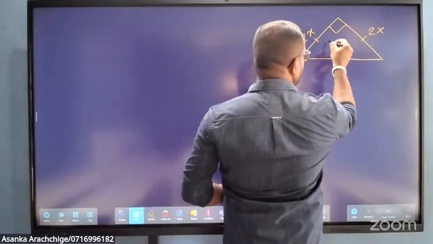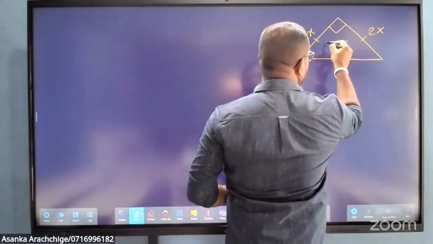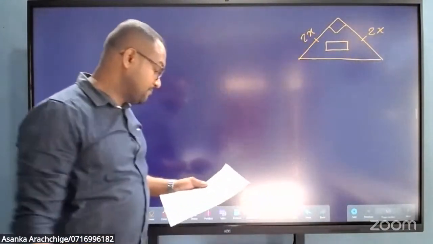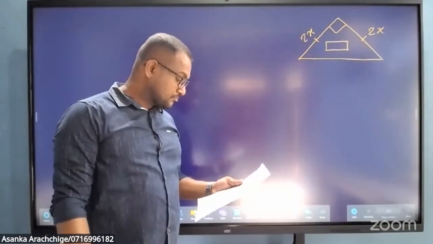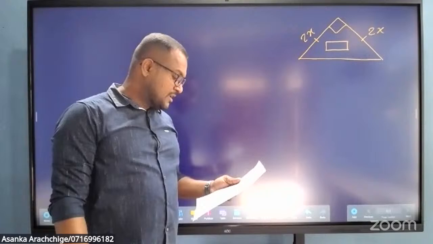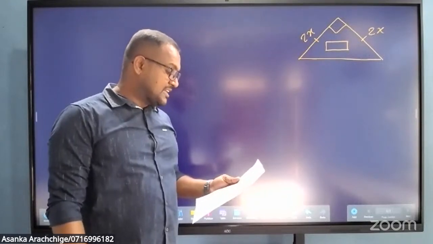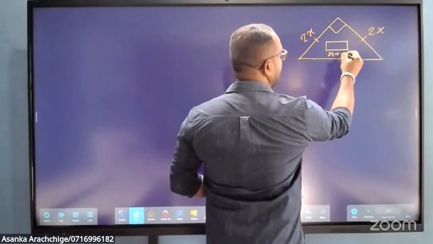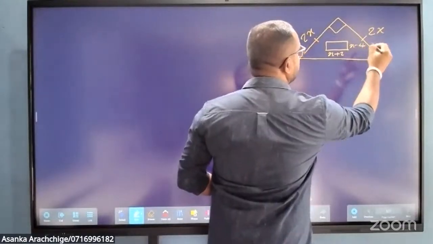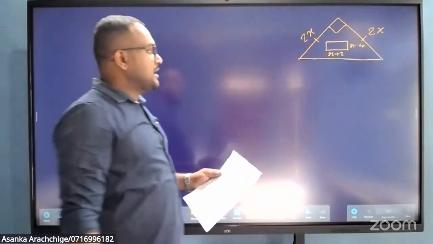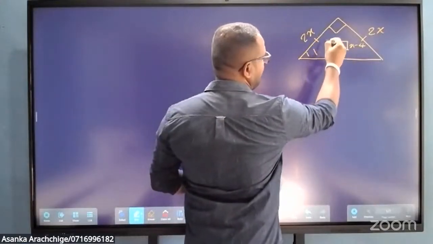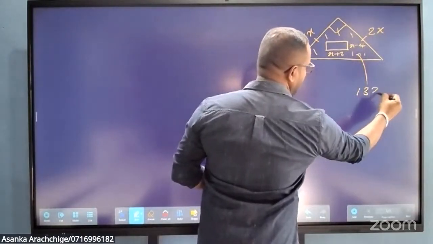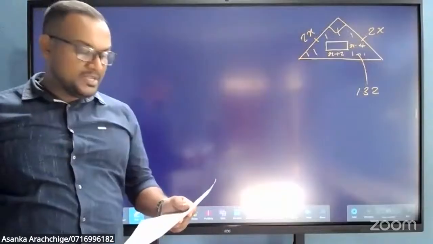The part with happy birthday is here with the icing, no? White icing of length x plus 2 and breadth x minus 4. The area of the remaining portion is given to be 132 square centimeters. Am I correct?